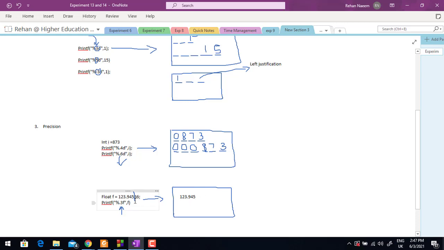Clear? So this 3 indicates the number of digits after the decimal point that are to be displayed at the output. If instead of writing 3 over here, if I write 2, then what will happen? Only 2 digits after the decimal point will be displayed at the output. So the output will be 123.94.